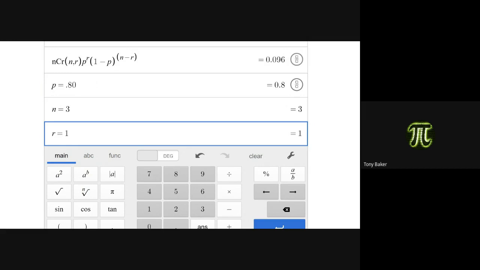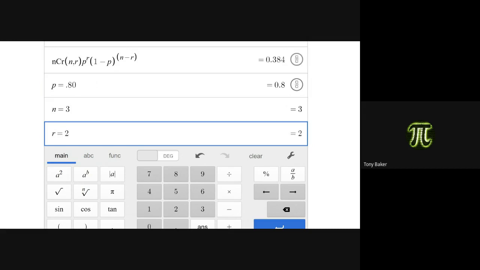The probability that only 1 person is going to be alive out of those 3 is 0.096. When we're looking at this, you have an 80% chance to be alive, so the probability of 1 person being alive makes sense: just under 10%, because there's an 80% chance that each of them is going to be alive.